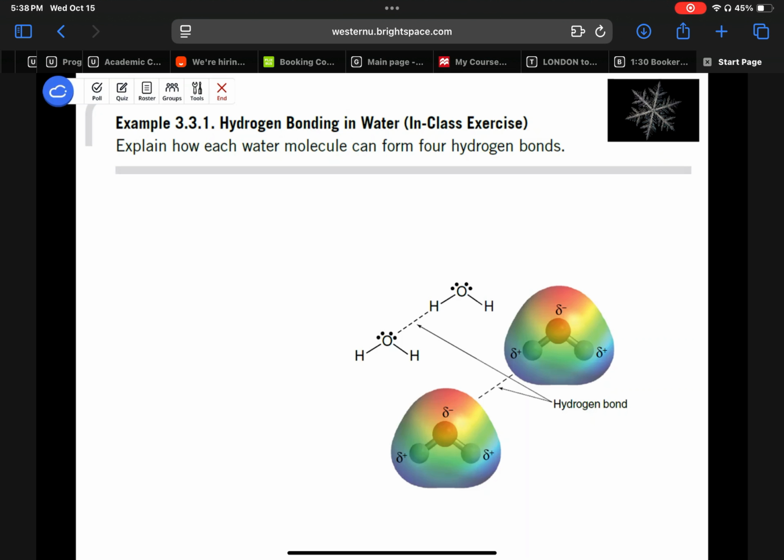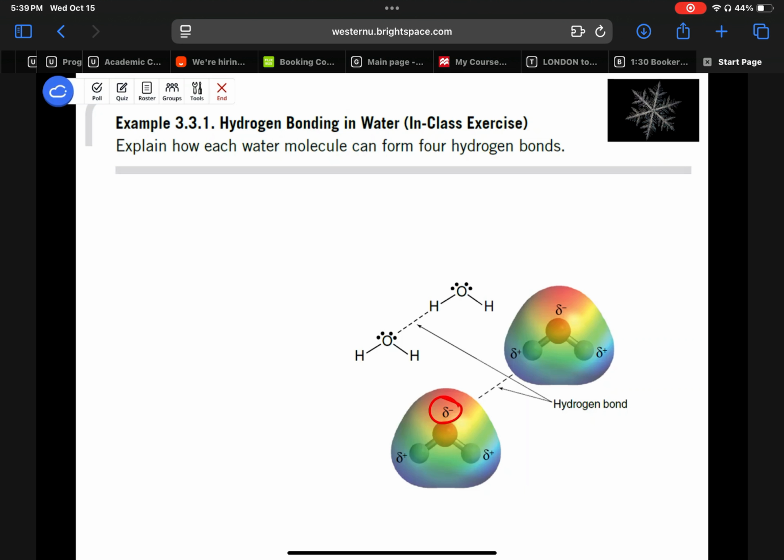So we know how to draw the Lewis structure of water. We know how to predict the shape, which is bent. And it's bent because oxygen has two non-bonding pairs of electrons. So we have this partial positive or partial negative area where oxygen is with its non-bonding electrons. It's more electronegative than hydrogen.